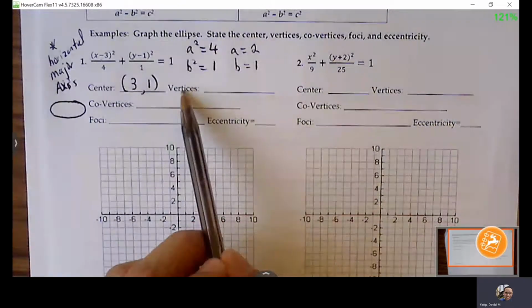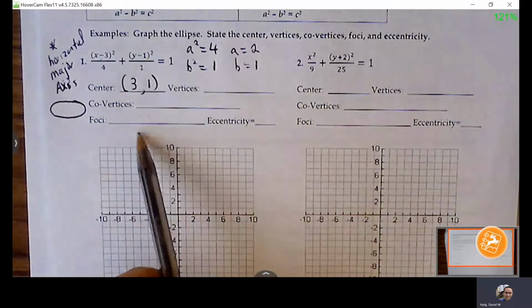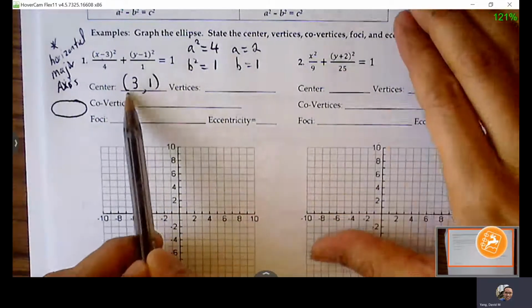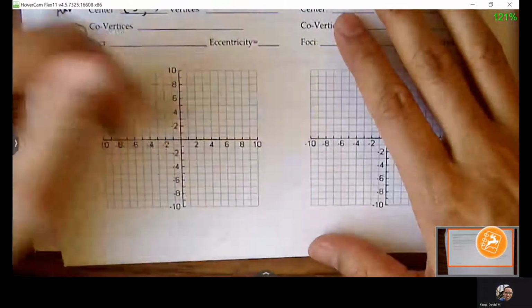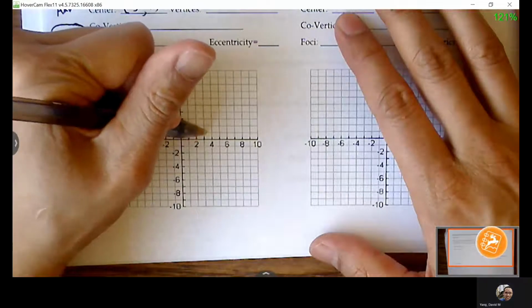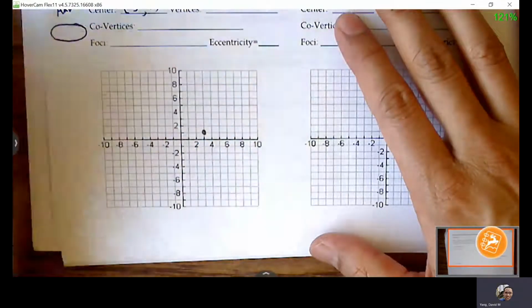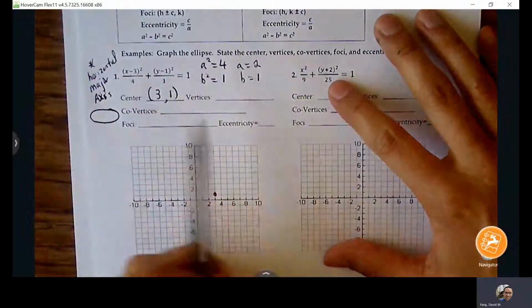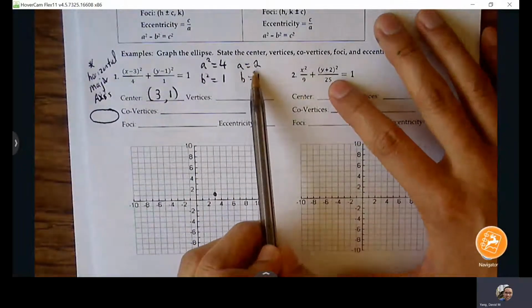Okay, let's do the vertex and co-vertices first, and then we'll talk about how to get to the focus or the foci. So start with your center, 3, 1. You know that your major axis is horizontal, so you're going to follow that as your A value.